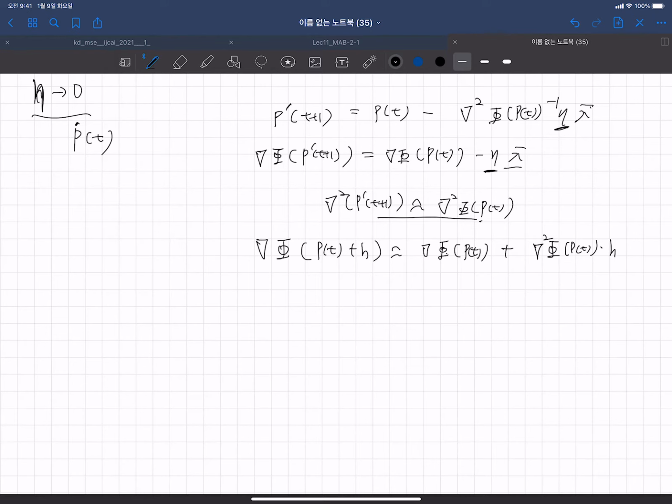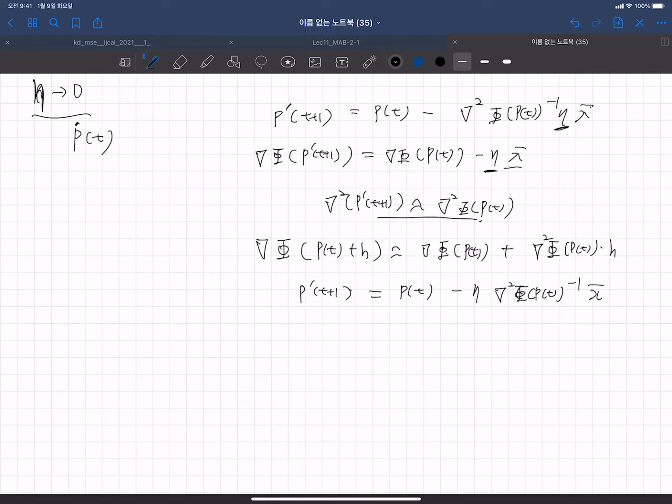So from that, we can say that p prime t plus 1 is equal to pt minus eta times Hessian Psi pt inverse x bar.